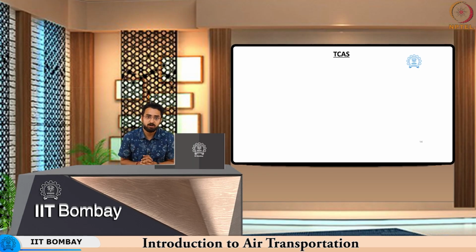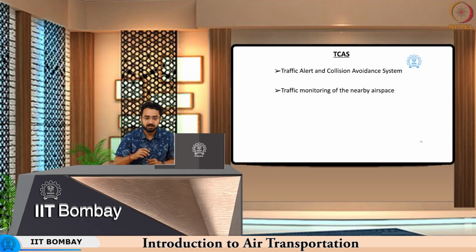One of such techniques that are implemented by aircraft these days is called the TCAS. TCAS is nothing but the short form of traffic alert and collision avoidance system. This system provides continuous traffic monitoring of the nearby airspace, and hence the pilot is much more aware of the airspace irrespective of the ATC controller instructions.